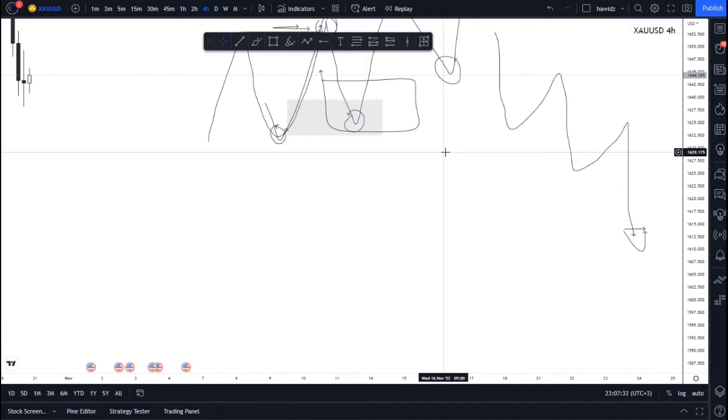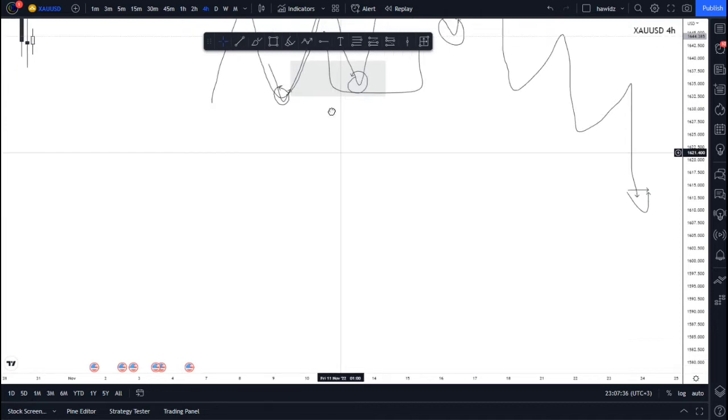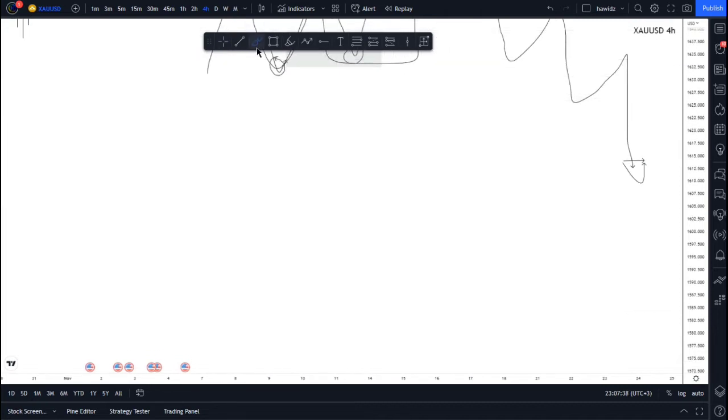People have a tendency of confusion here. In confirmation, we want to see confirmation in the lower time frames in terms of the transfer from weak to strong hands. In other words, the shift of market structure.